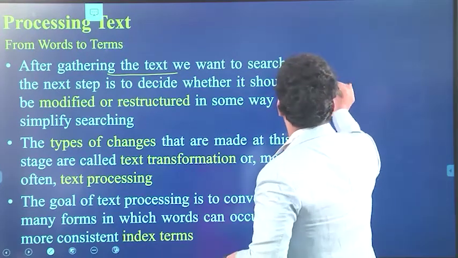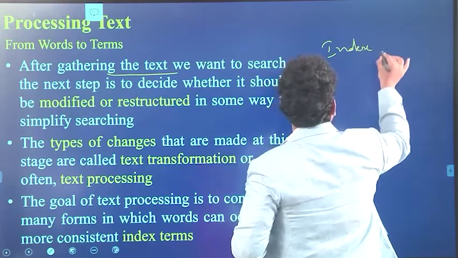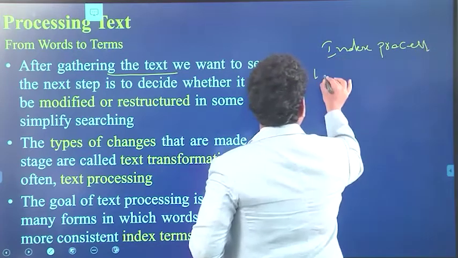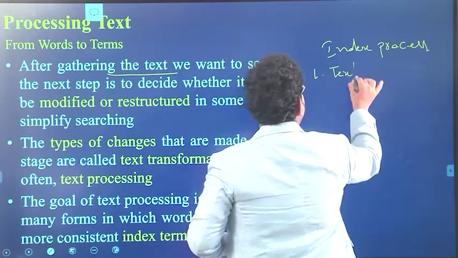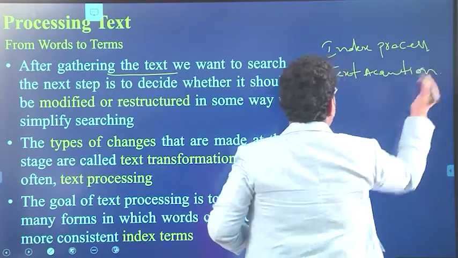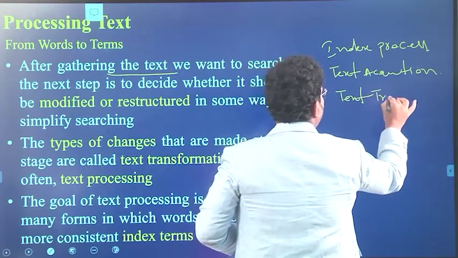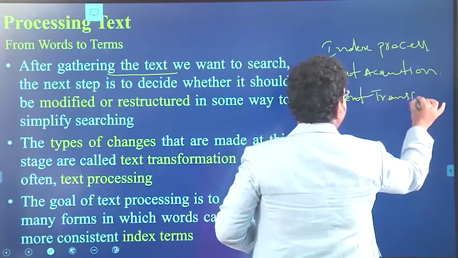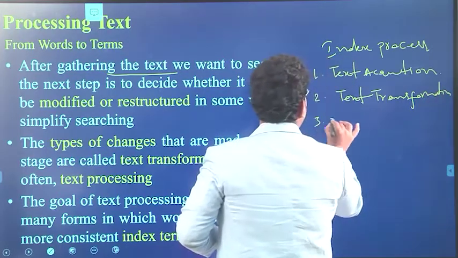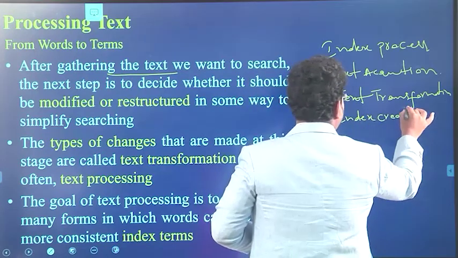You know that the indexing process consists of text acquisition, the second one is text transformation, and the third one is index creation.